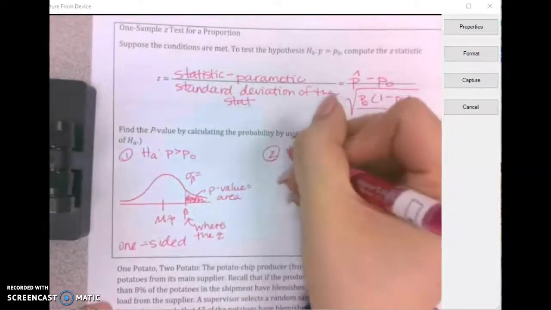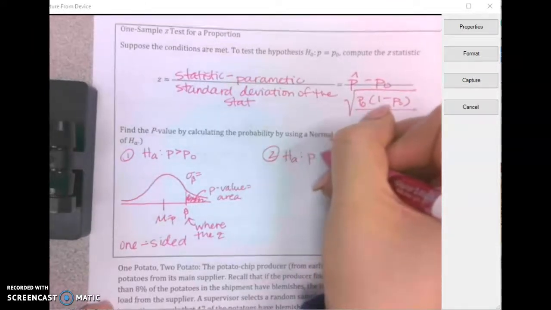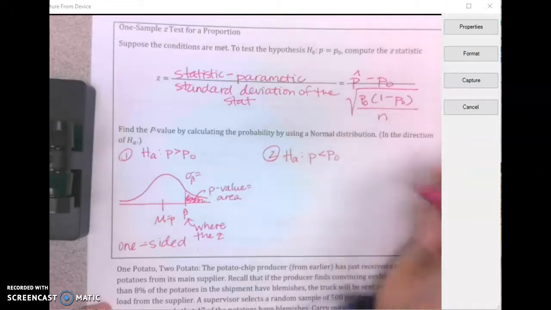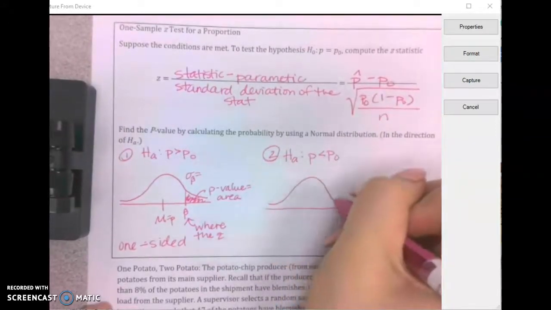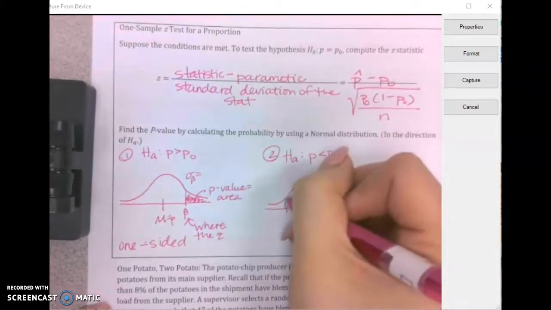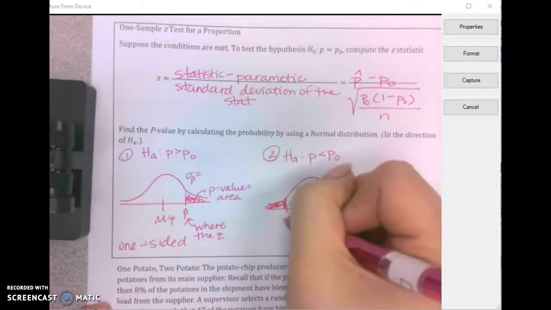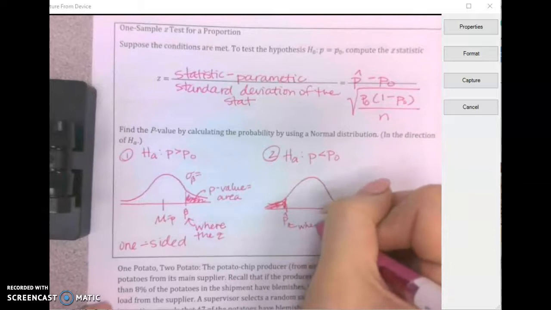Your second option is if your alternative hypothesis is that P is less than P sub O. Okay, so if the true proportion really is less than the parameter that we know. So we would do the same thing. So here's our P hat. It's where Z would fall.